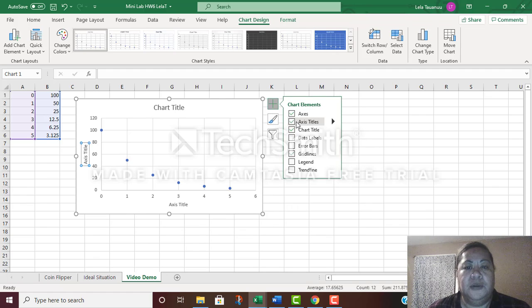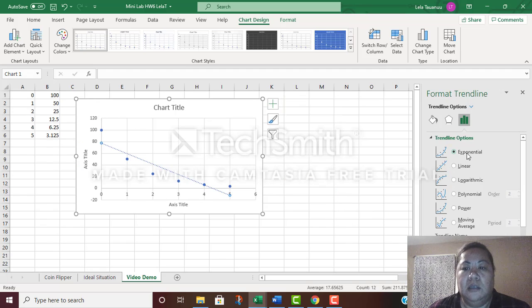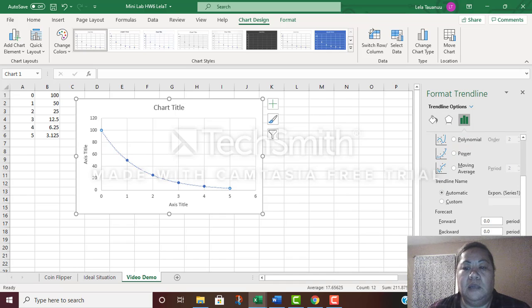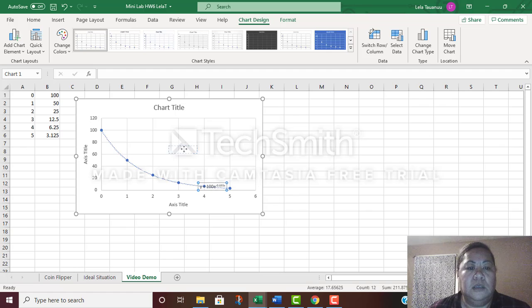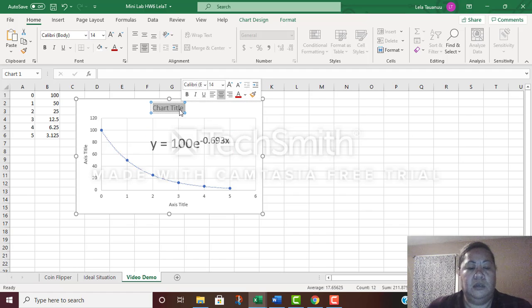All right, I'm going to add my axis titles, and then I'm going to format my trend line. I want it exponential, and then I'll also display the equation. Here's my equation. We'll just make that a little bit bigger. All right. So we'll just change the title to Perfect World.